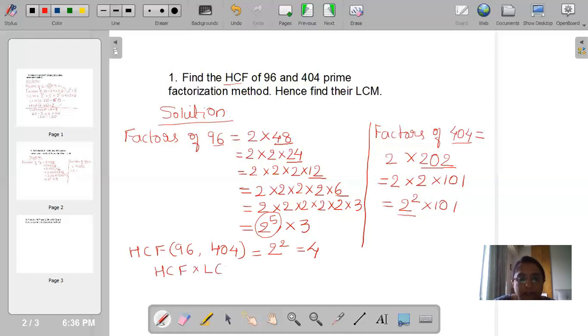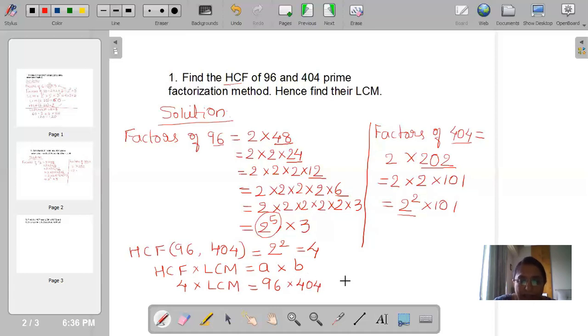That is HCF into LCM is equal to A into B. Here, A means 96 and B is 404. I'll take HCF is 4 into LCM is equal to 96 into 404.